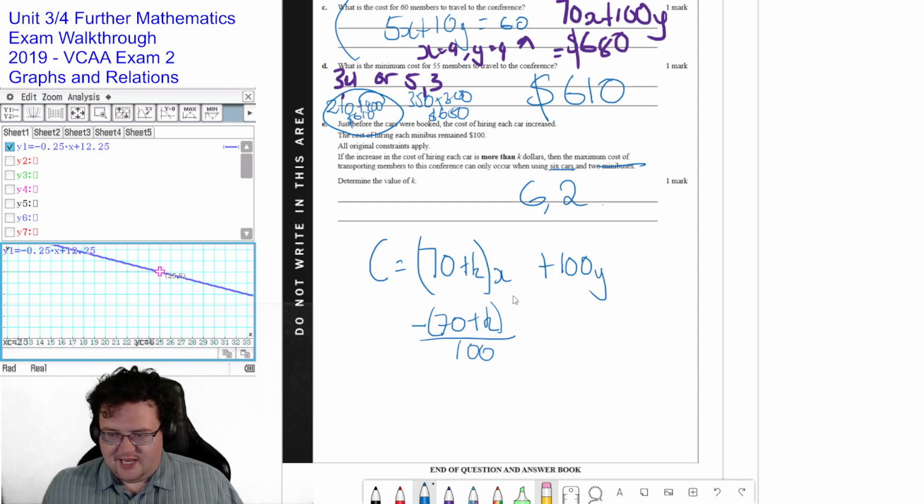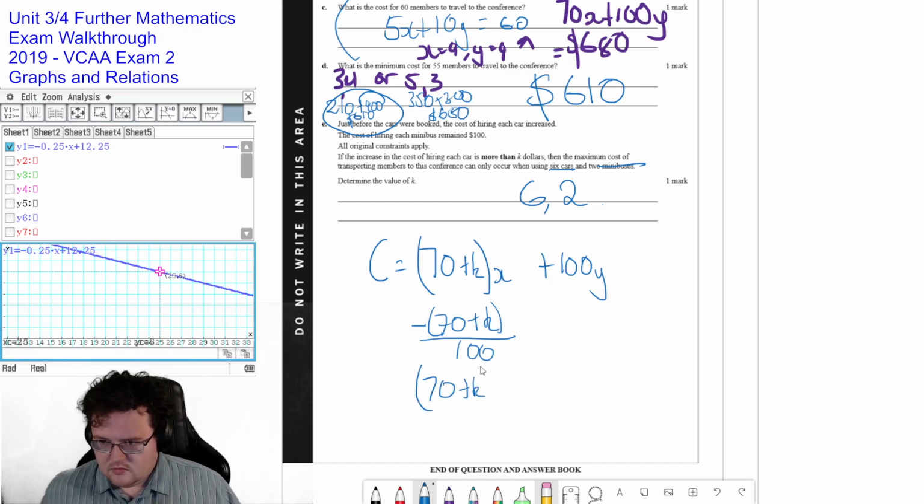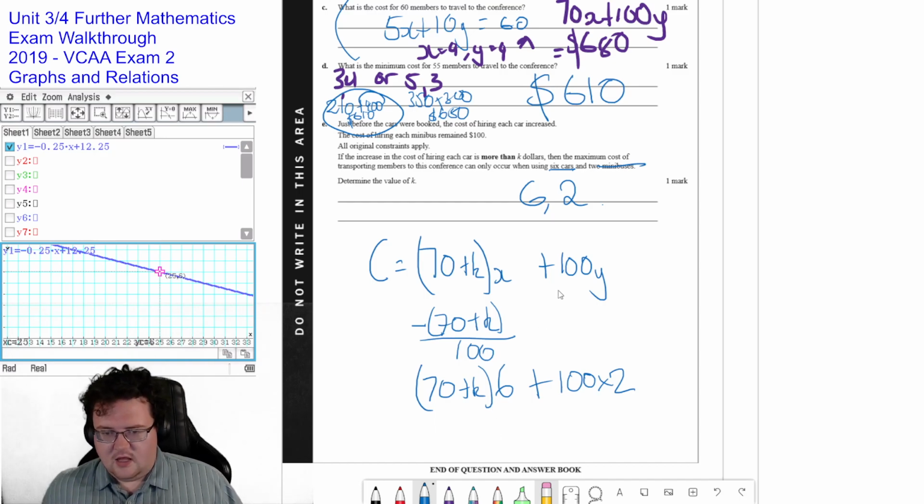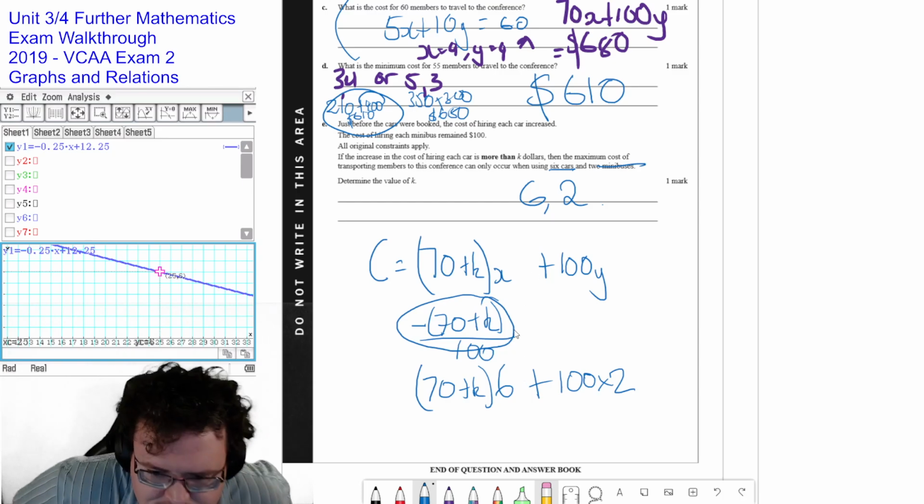So if I put in my values that I've got here, 70 plus K times 6 plus 100 times 2. If I can get this gradient here to be less than -1, then I'm golden.